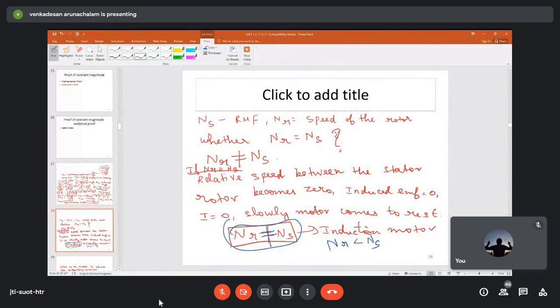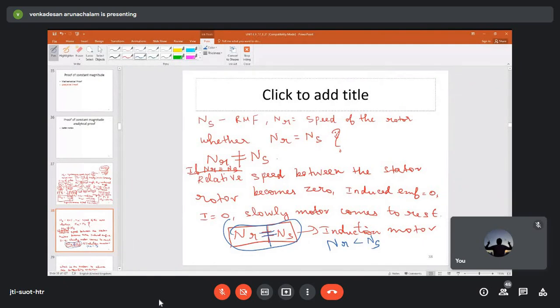Purposely, if you make the rotor speed equal to the synchronous speed, initially it will run, but after some point of time, the rotor will slowly come to rest. That is what I have written here, right?